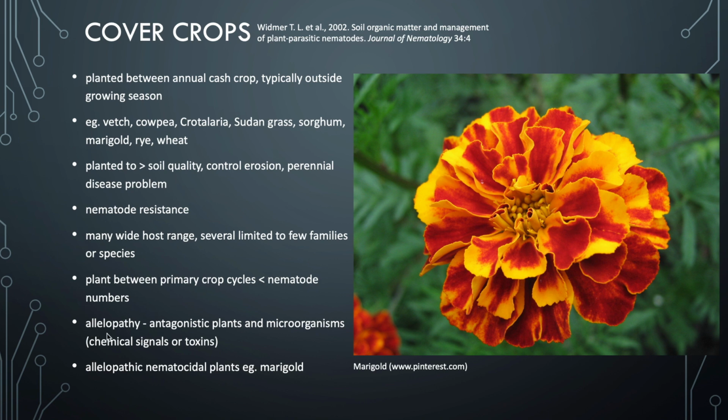You can choose some cover crops which display allelopathy, which is the chemical signal or a release of toxins into the soil ecosystem, and so therefore these plants are antagonistic to nematodes. And an example of an allelopathic plant is the marigold, which is featured in the image on the right.